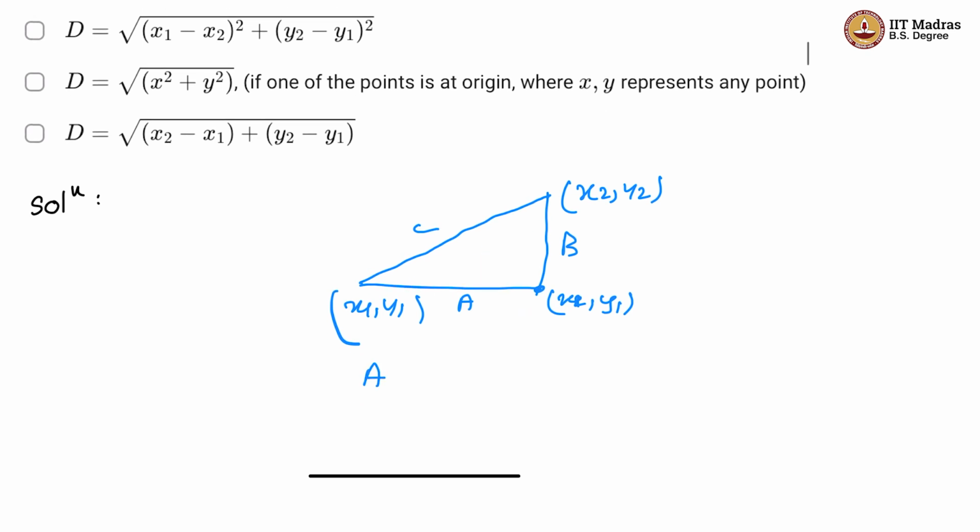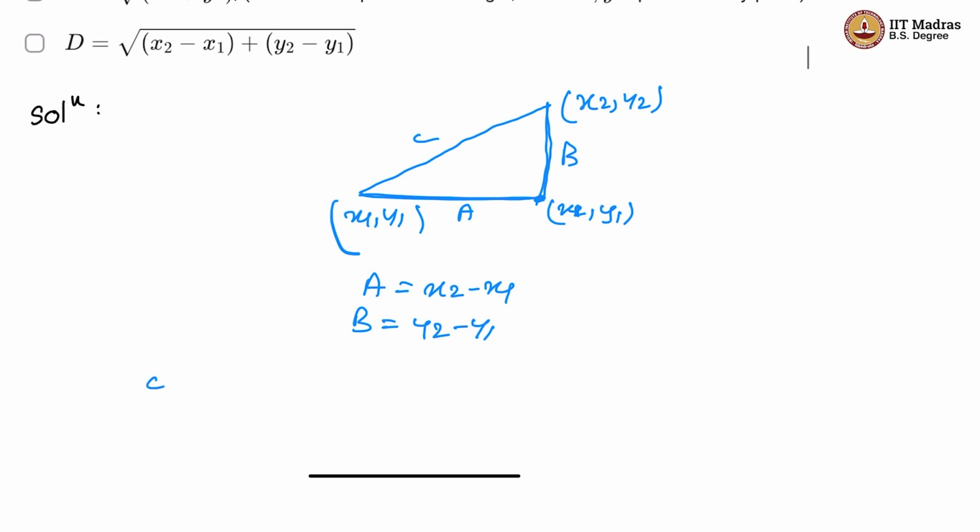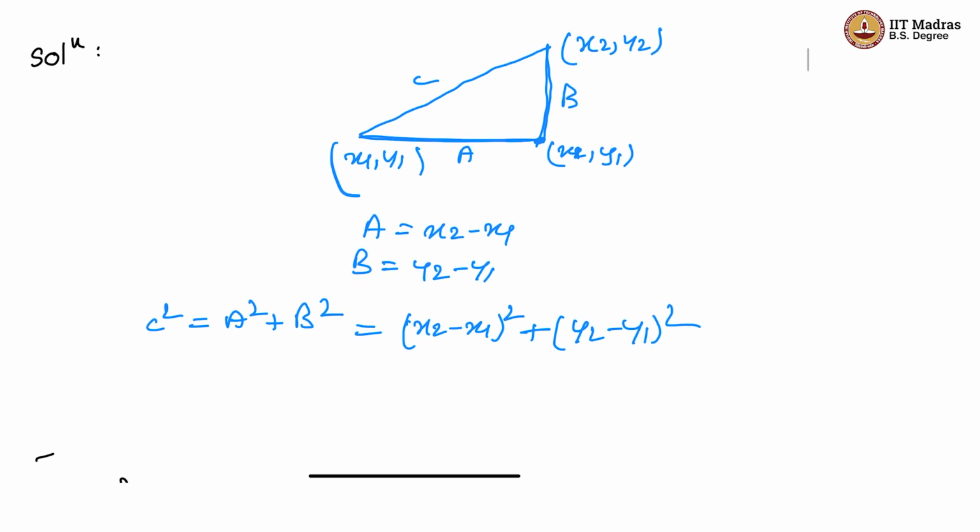Then our A is the length of this line, that means x2 minus x1, and our B is the length of this line, that means B equals y2 minus y1, right? So what we know, C square equals A square plus B square, that means x2 minus x1 square plus y2 minus y1 square, right?